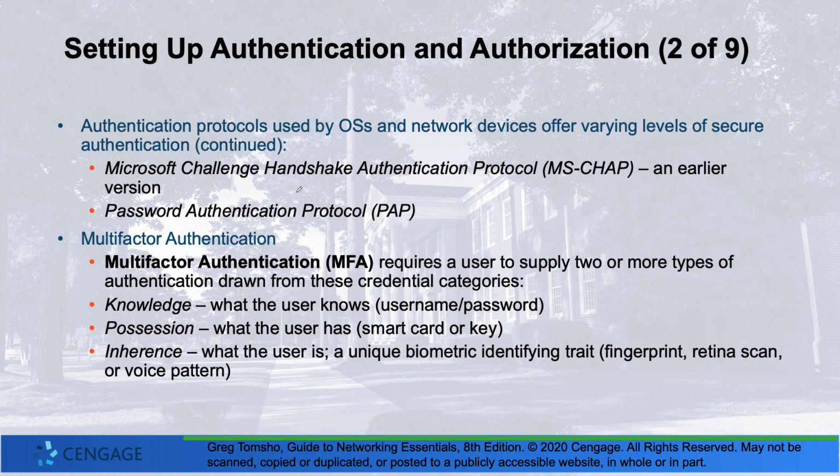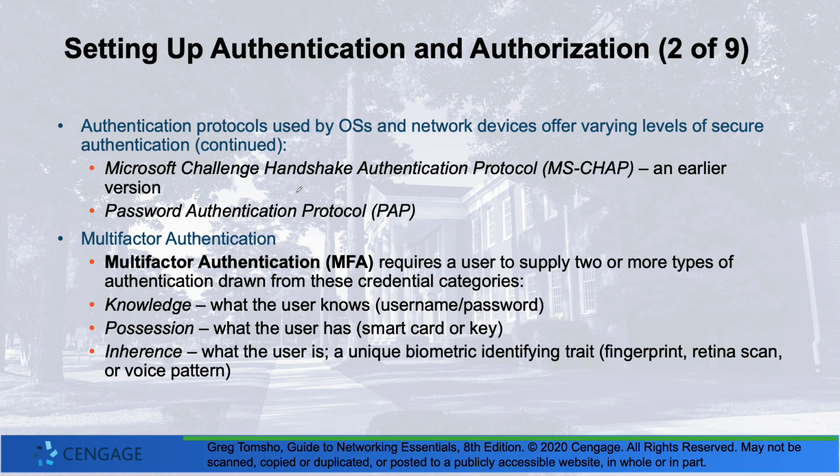The way this is going to present itself on exams is they're going to give you examples of different types of credential categories, and it's going to ask you, are these from the same category? Like they might ask you, to get into the system, you need your debit card and your car keys.